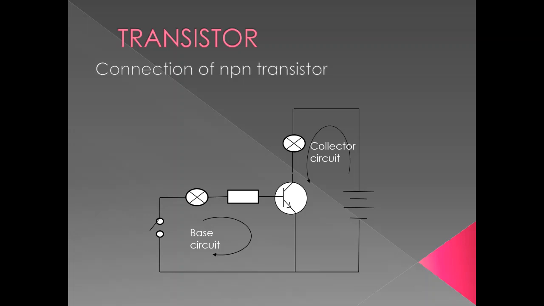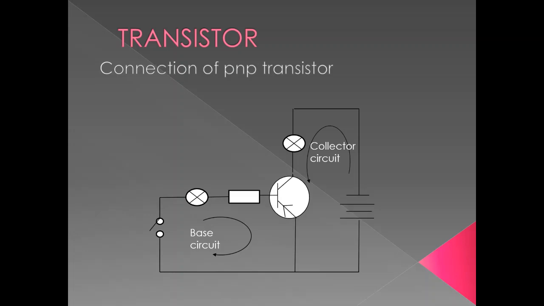One is called the base circuit, and the other is called the collector circuit. Please notice that the arrow for NPN is pointed downward, so we know that this is the NPN type transistor.